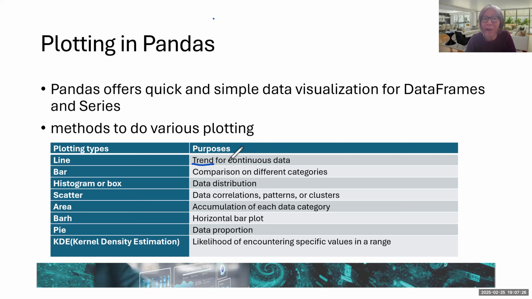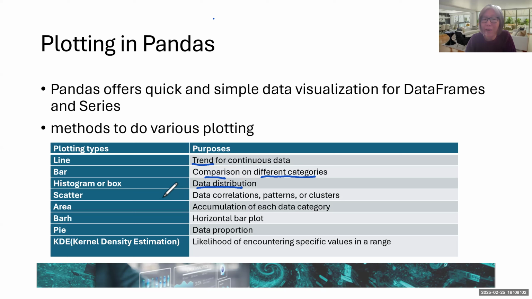The second type is bar, which is very helpful for comparison, so here it emphasizes comparison among different categories. The third is histogram or box, and they help to reveal information about how data is distributed.